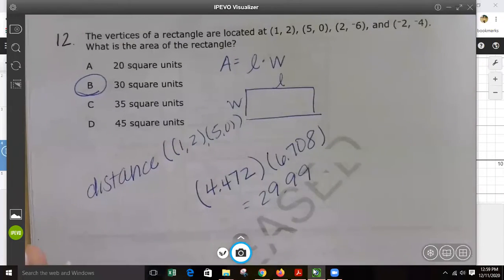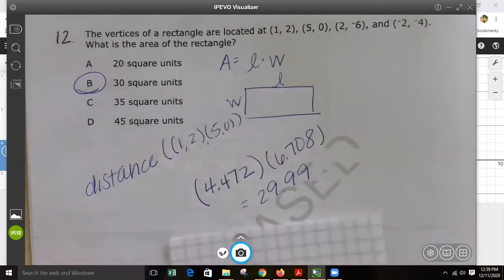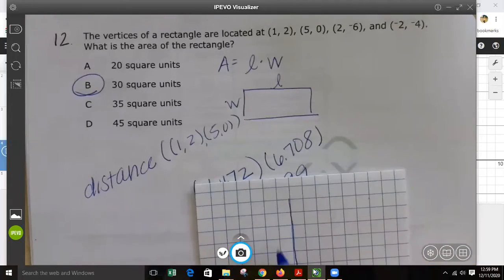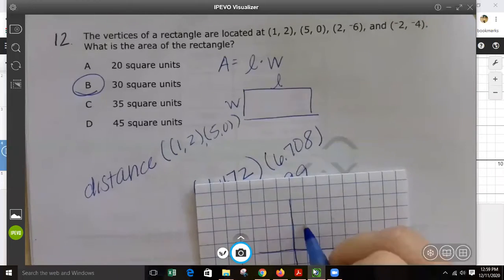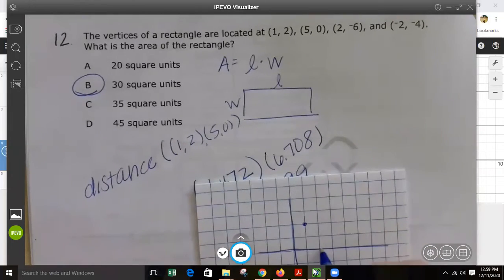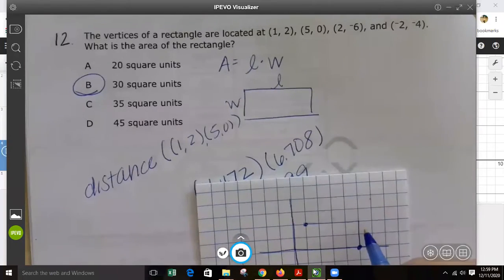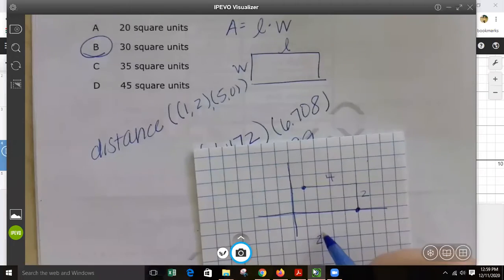So if we get it on, let's do this. What do we have? 1, 2, and 5, 0. We would do Pythagorean theorem. Remember, rise over run, 2 squared plus 4 squared equals c squared.